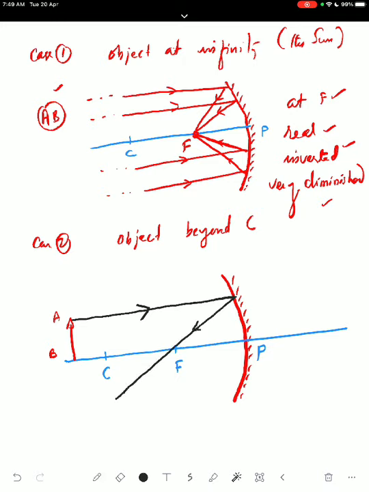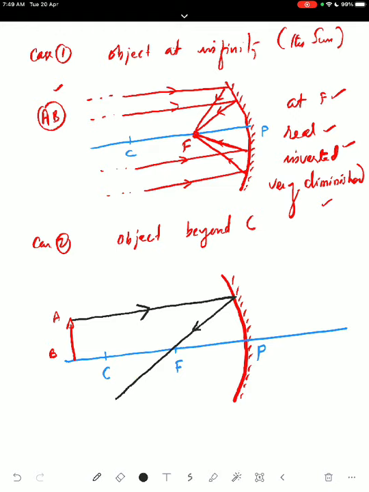You can see here object AB is placed beyond C. First ray parallel to principal axis, after reflection passes through the focus. The second ray of light, which is passing through the focus, after reflection becomes parallel, and both will come and meet.